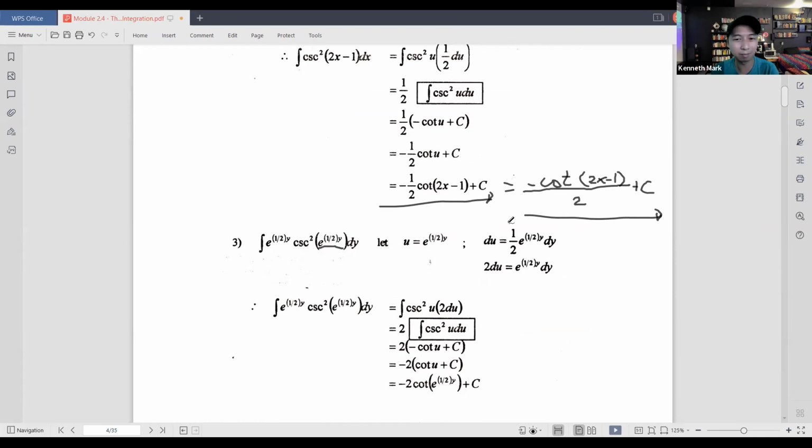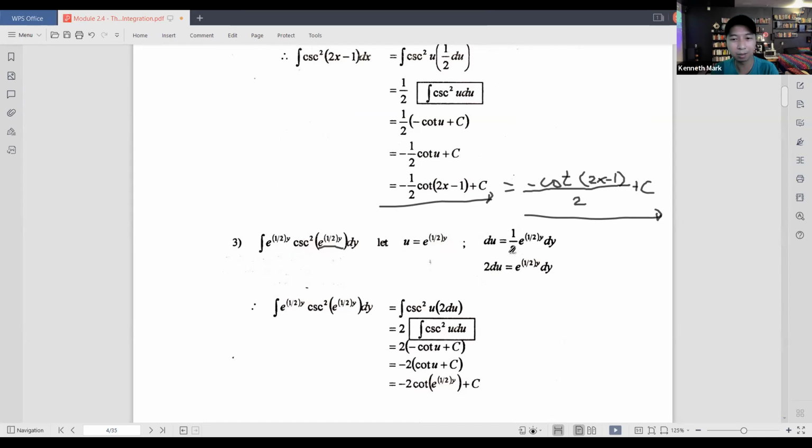Then if we integrate it, so of course, lipat nito yung exponent natin. So it's 1/2 multiplied by e raised to 1/2 quantity y. Okay, so this is your derivation of u. Okay, and then we will get our 2 du here.